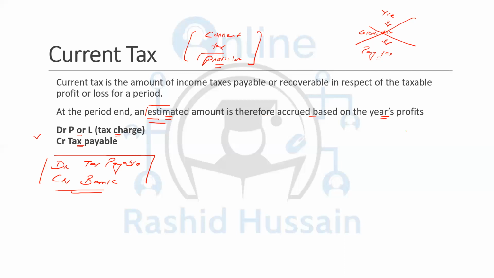Now, the point that should be noted is, for example, we are talking about 2021. We estimated the tax, which is the current tax provision.